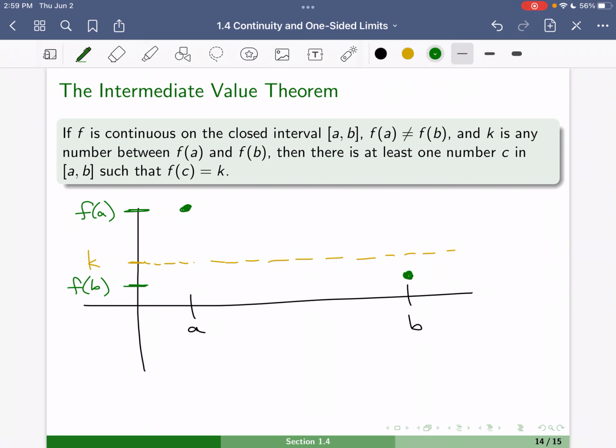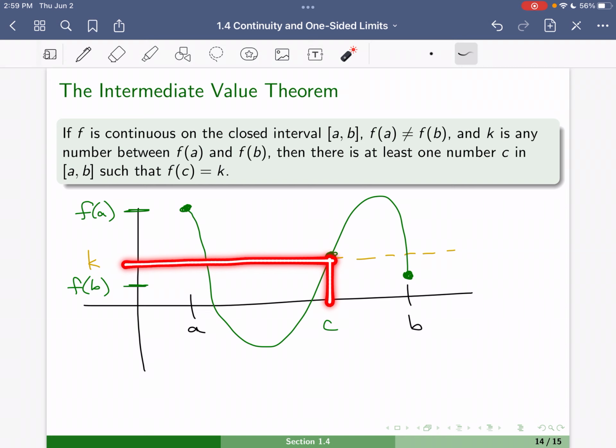If we were to draw the picture, maybe it looks like that. We are guaranteed that somewhere, at least one spot, there's some number c where the function value at c is equal to k. On this graph that I drew, there happened to be more than one. So it says there's at least one number c. Maybe it's only one, but it could also be more than one.